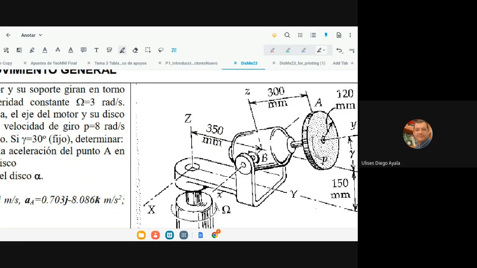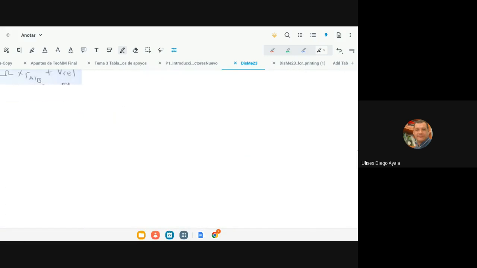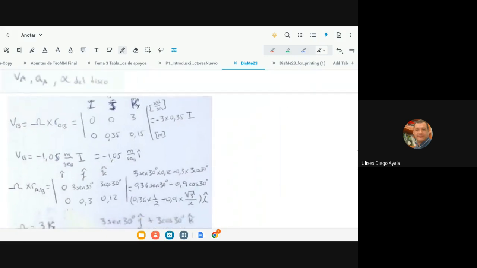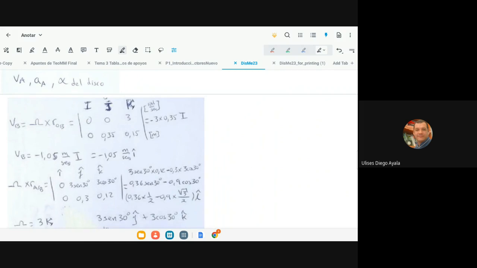This one is rotating around this axle. So we have, okay, we have OB. This is the same. There is no change in sign, no cambia el signo. The same axle is I mayúscula, I minúscula.